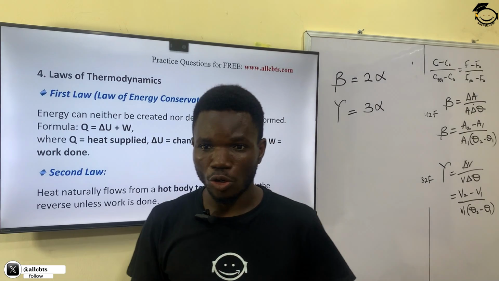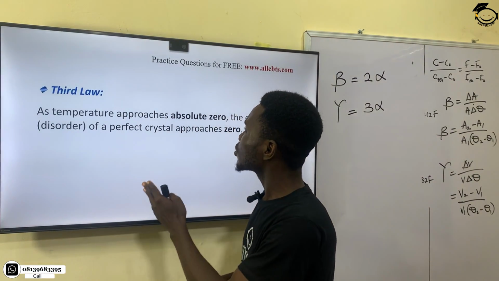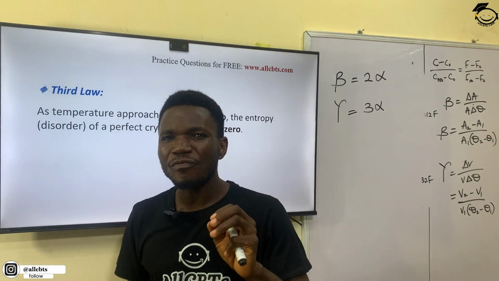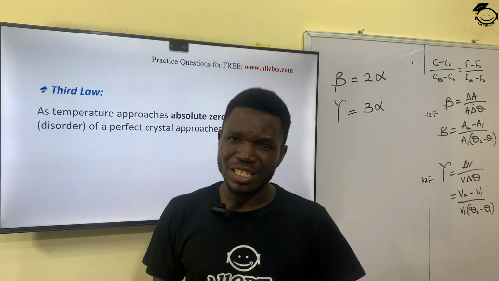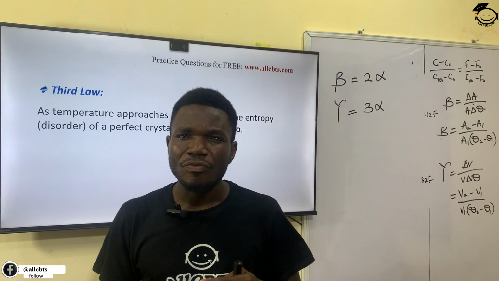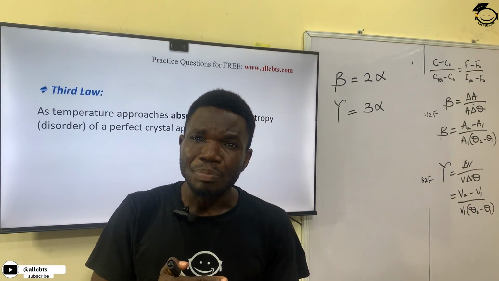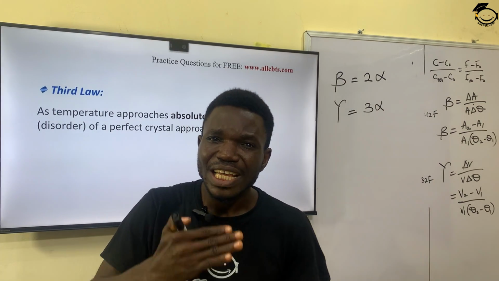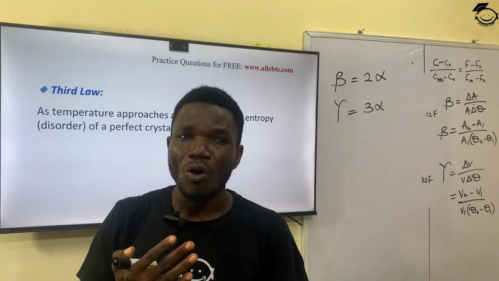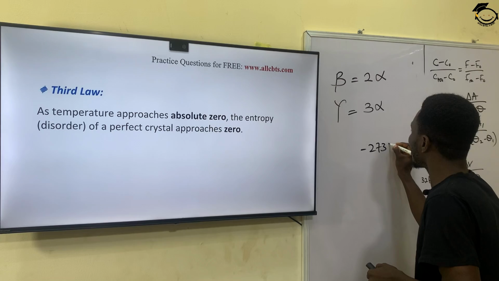So moving on to the third law. The third law of thermodynamics says that as temperature approaches absolute zero, the entropy of a perfect crystal is 0. What is this saying? If you have a perfect crystal that starts approaching absolute zero, that is the temperature of minus 273 Kelvin.